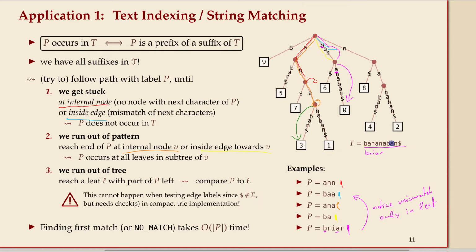And you can always handle these two cases in an implementation separately. So that you fall out of the edge or that you run all the way to a leaf but actually have jumped over mismatches. Okay? Other questions on the examples?